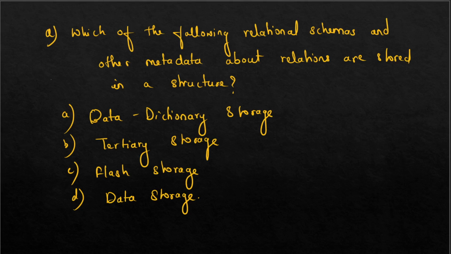And data storage, you all know, is storing data. So which is the correct answer? Relational schema and other metadata about relations are stored in which kind of structure? That is data dictionary storage, so A is the correct answer. Now let's see the next one.